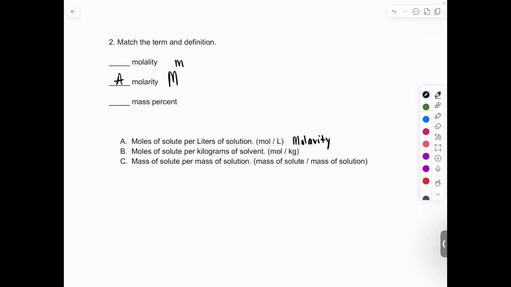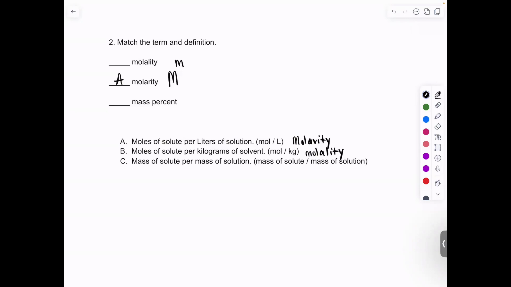Solvent occupies the most space, and typically water is your main solvent. We call it the universal solvent because it's so ubiquitous and dissolves a lot of things. Again, moles of solute per kilograms of solvent, that's actually molality.